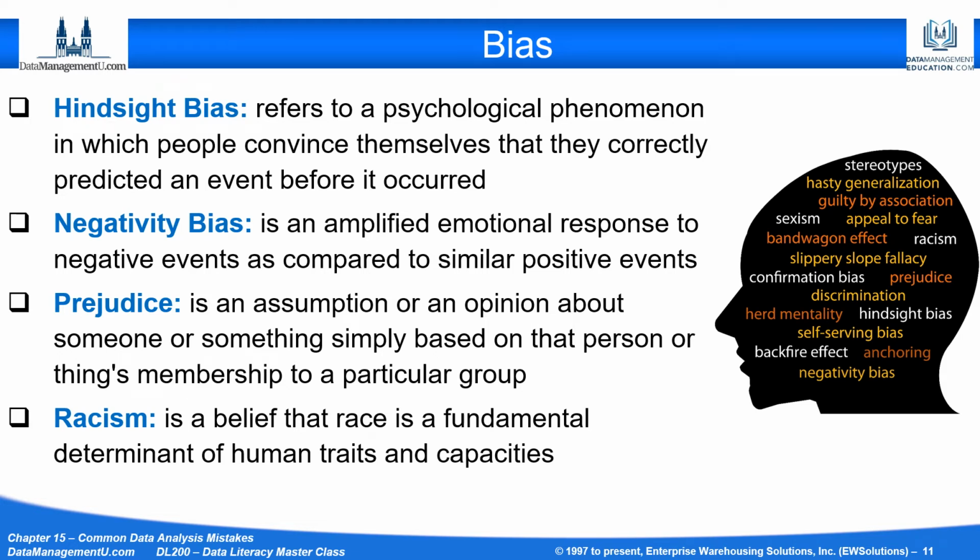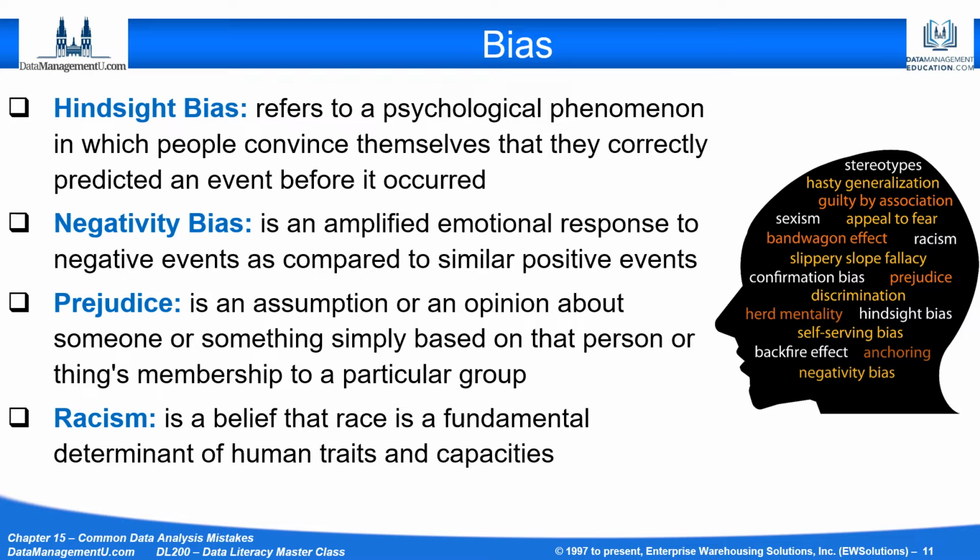Next, negativity bias. This is where we have an emotional response to negative events which feel amplified as compared to similar positive events. So we're putting a much greater emphasis on the negative than we should as compared to similar positive events.